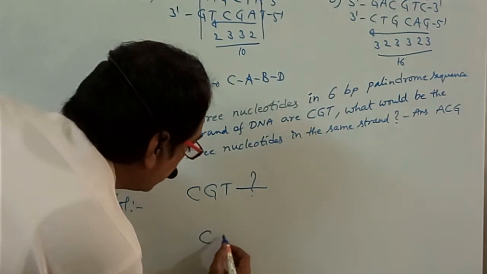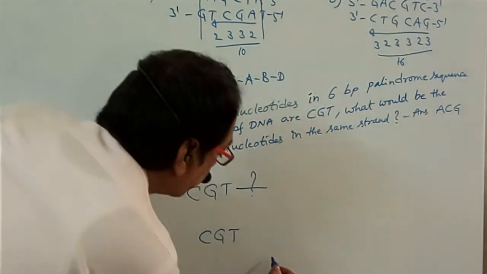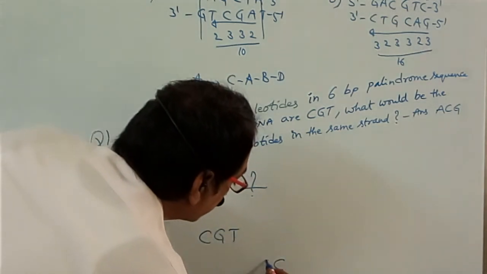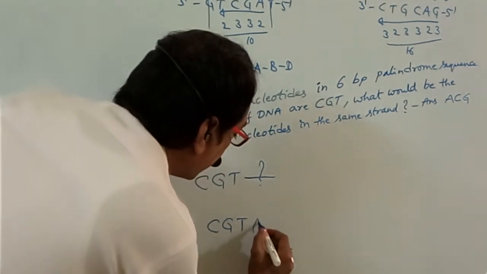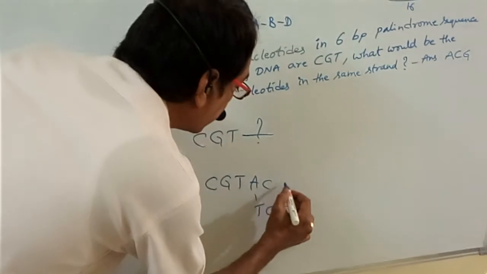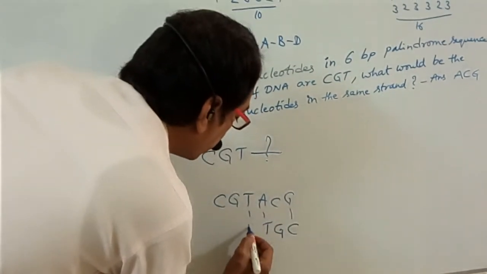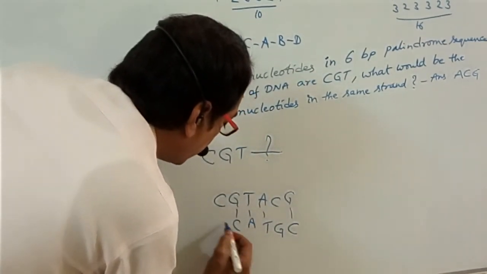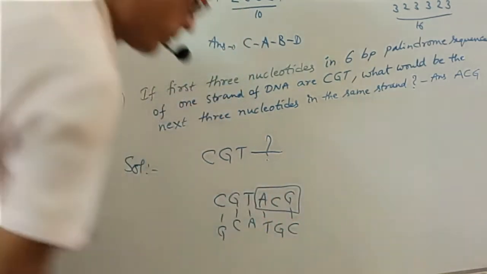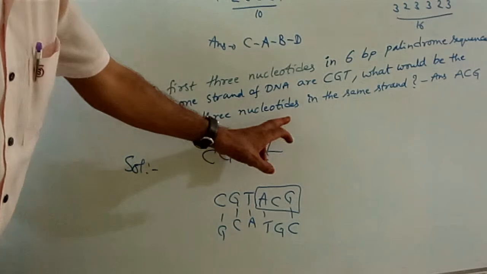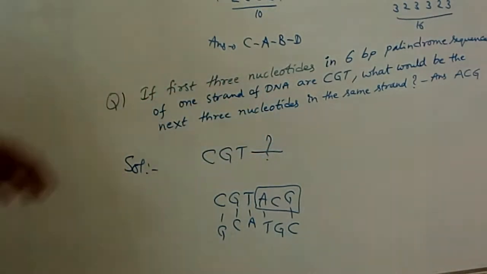CGT, we have to write it like this, CGT, pairing A, C, G, T, A, C, G. So they are asking for this one, ACG. Okay, please note down.